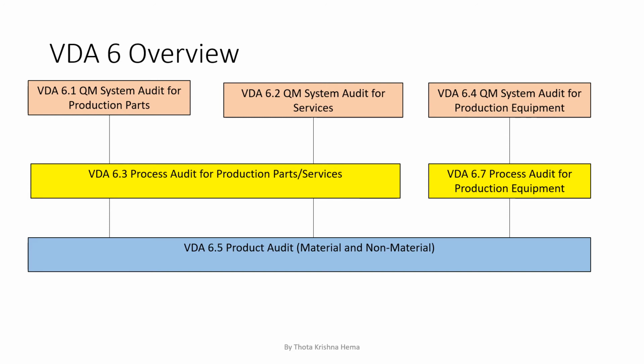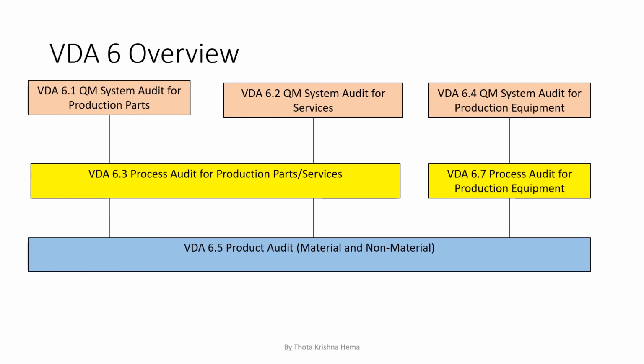First, we have a set of processes which are defined as QMS. 6.1 is the QMS for production parts. 6.2 is the QMS for services. 6.4 is the QMS for production equipment. 6.3 is a process audit which we do for production parts and services. 6.7 talks about the process audit for production equipment. 6.5 talks about product audit.